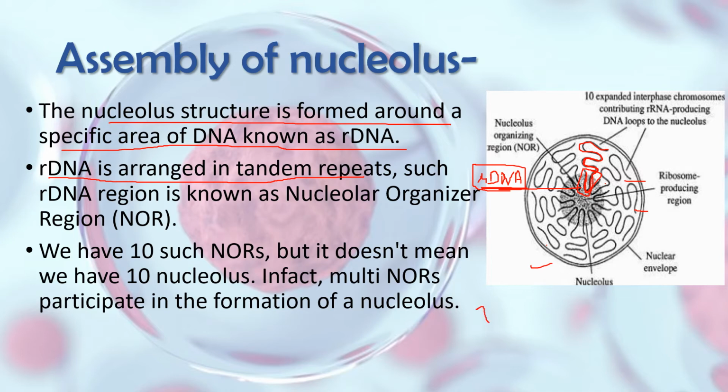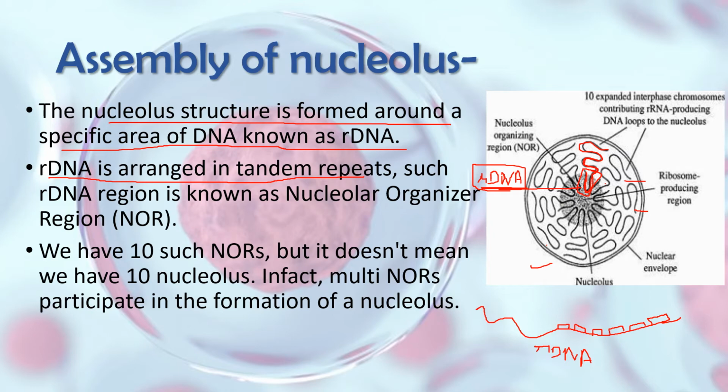Let me draw this. Suppose this is our rDNA. Now let me help you understand what these tandem repeats are. We have the same sequence of genes which are repeated again and again, which code for rRNA synthesis.